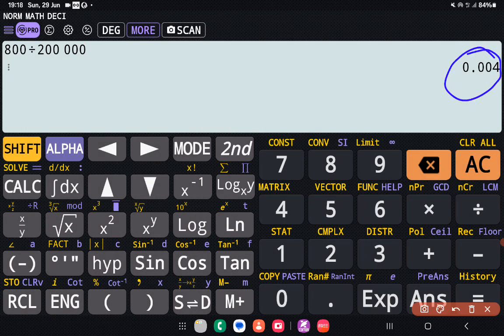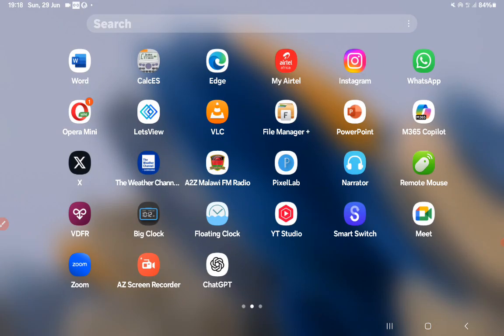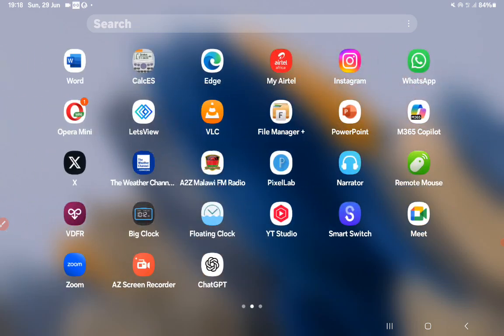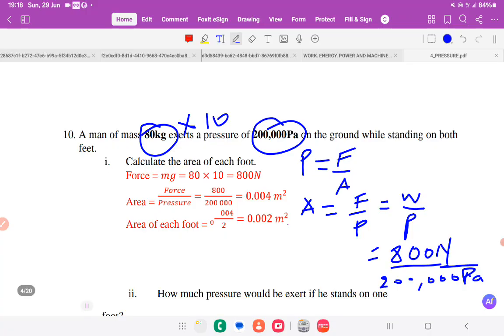But remember to leave your answer in square meters, because you're talking about area. Once again, that's the area. So please verify with your calculator to find the same value.